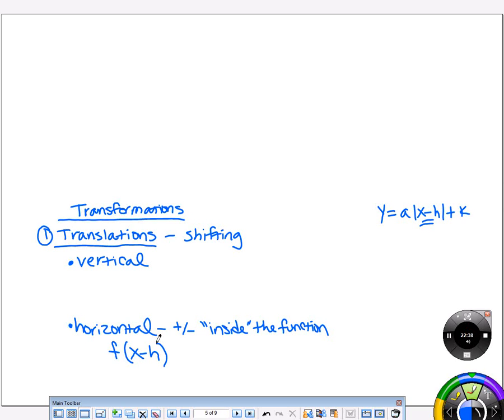An example of that, if we were using absolute value, y equals the absolute value of x plus 3. And how much would that shift our graph, and in which direction? Good, left 3. Remember, the h stuff is tricky, right? And it's true for all of them.